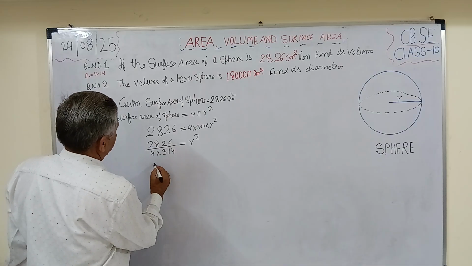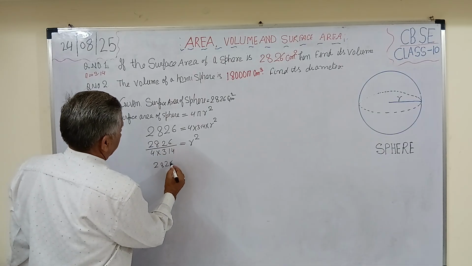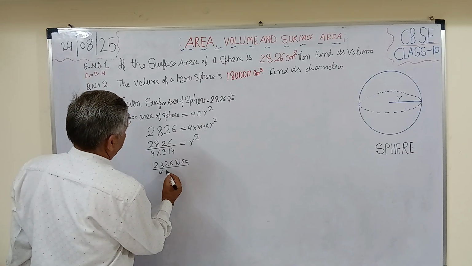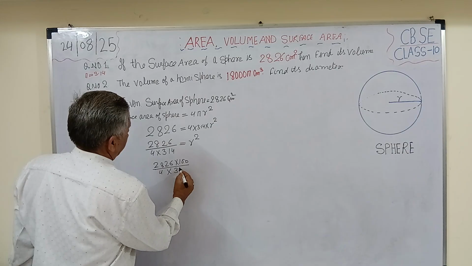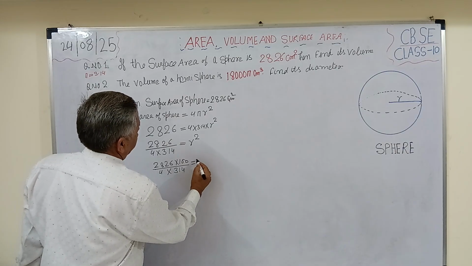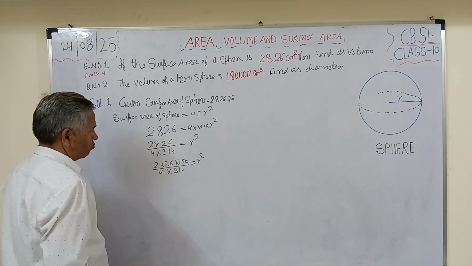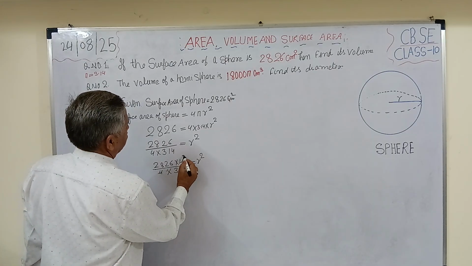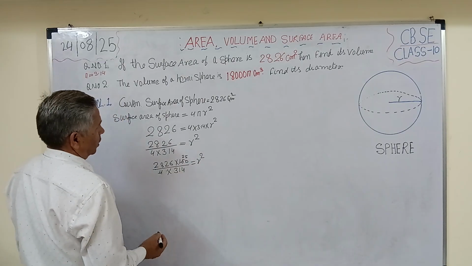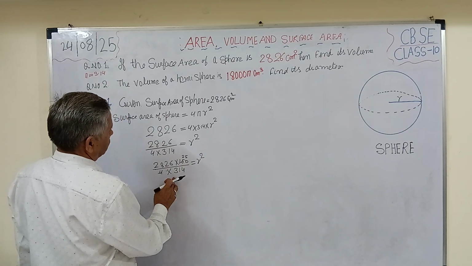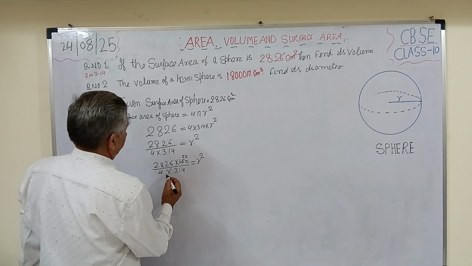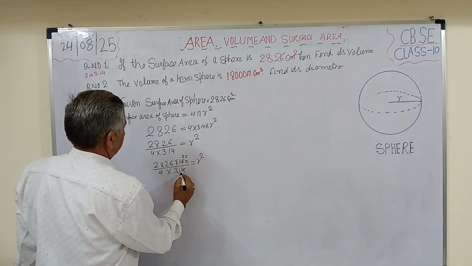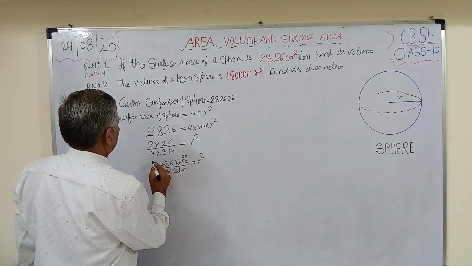Or this can be written as 2826 into 100 upon 4 into 314 equals r square. Now this 4 will cut with 100, that is 25, and 314 if we cut, then 1 into 9.